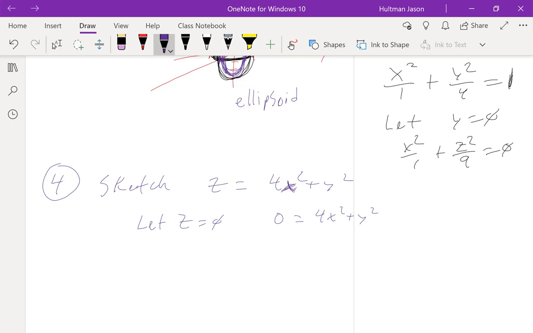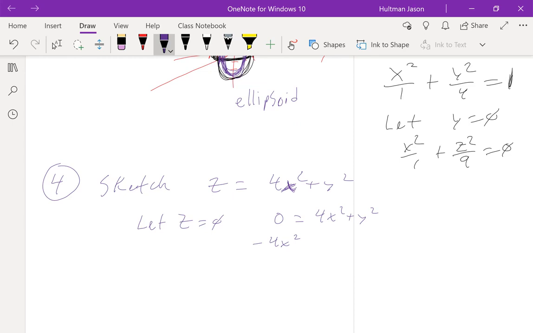I could toss the 4x squared to the other side.